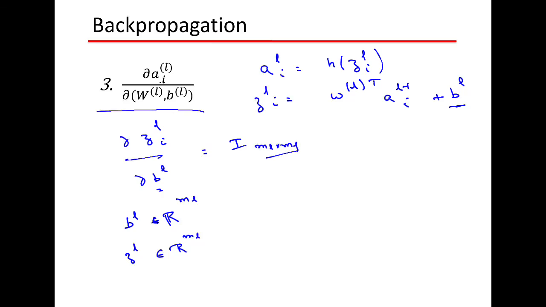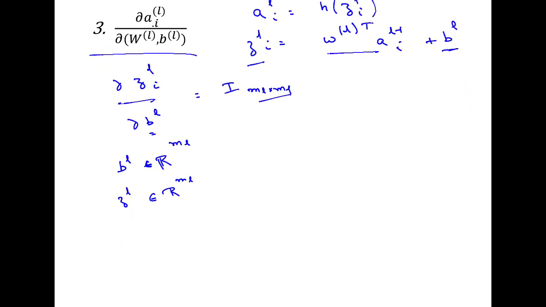Okay. That was easy. How about the derivative of Z with respect to W? Again, if you look at the uth component of Z, does it depend on every component of W? It only depends on the uth row of W. So let's write it.